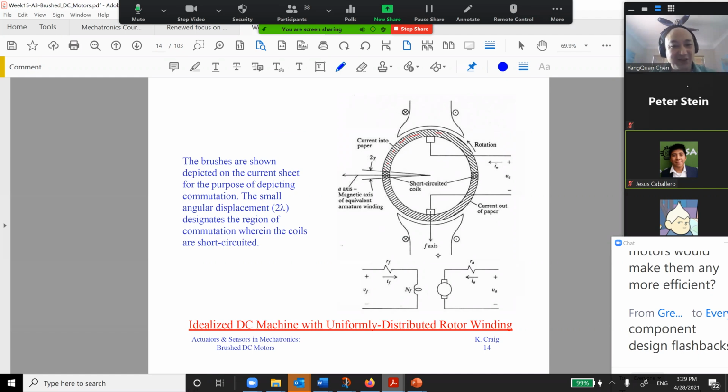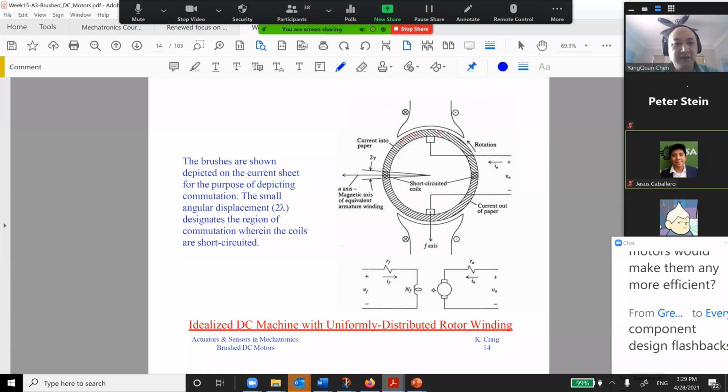So this is called the basic equivalent circuit. You have field excitation resistance in the circuit, and you have field excitation circuit inductance.